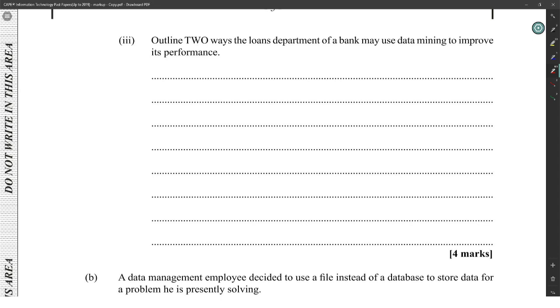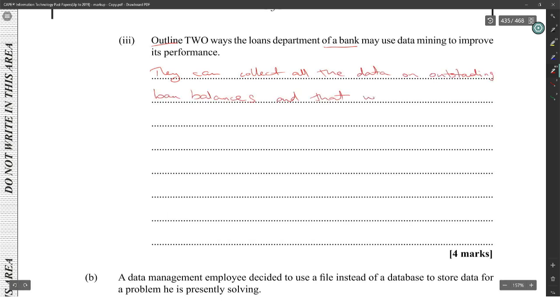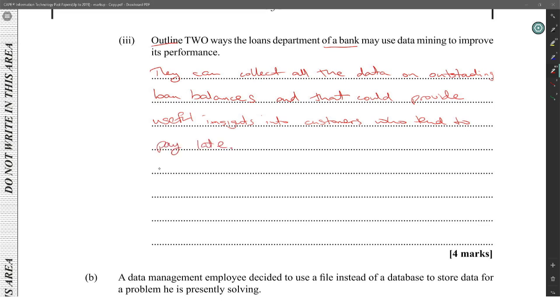Next. Outline two ways the loans department of a bank may use data mining to improve their performance. That means we need to give an example, and of course, we need to know about the banking sector. They can collect all the data on outstanding loan balances, and that would provide useful insight into customers who tend to pay late.